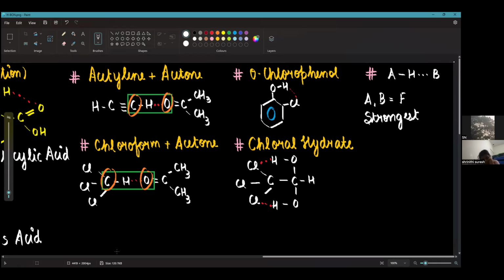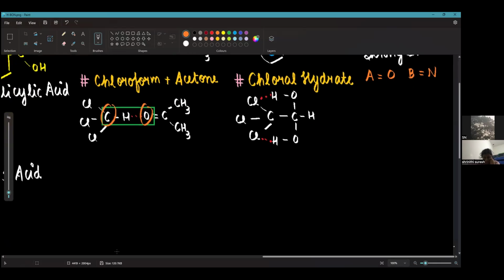Okay, and if A and B both are not fluorine, then A has to be oxygen and B has to be nitrogen for a stronger hydrogen bond.